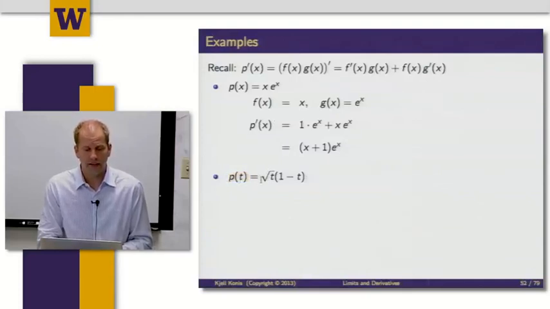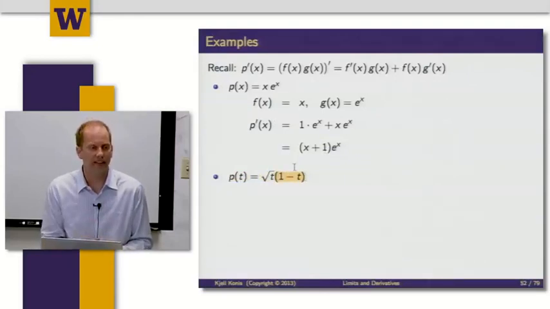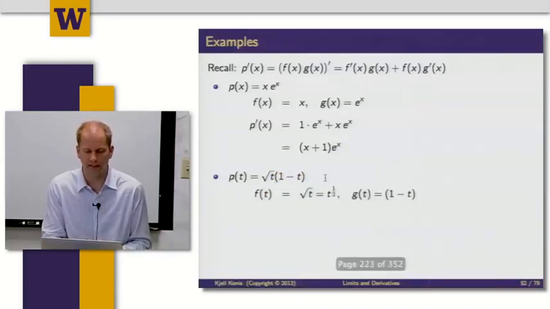And so p of t is defined to be the square root of t times the quantity 1 minus t. I'm going to look at this and say, if I want that to be a product, the simplest thing is going to be the square root of t as f of x and 1 minus t as g of x.